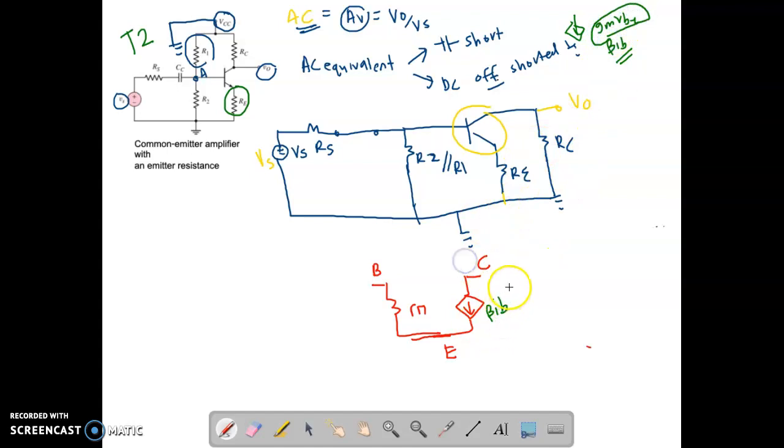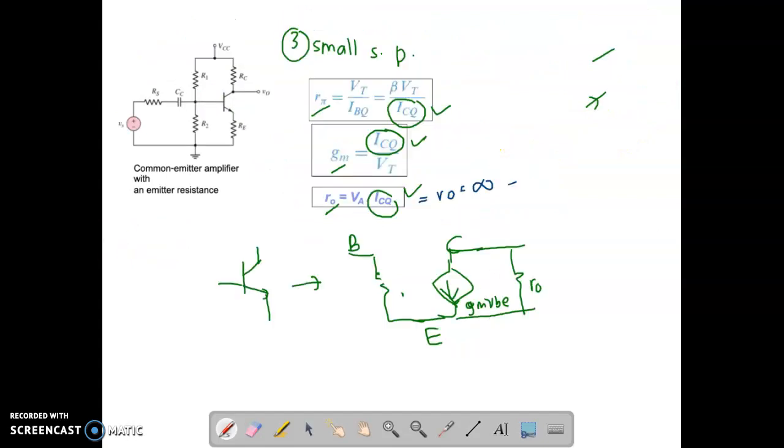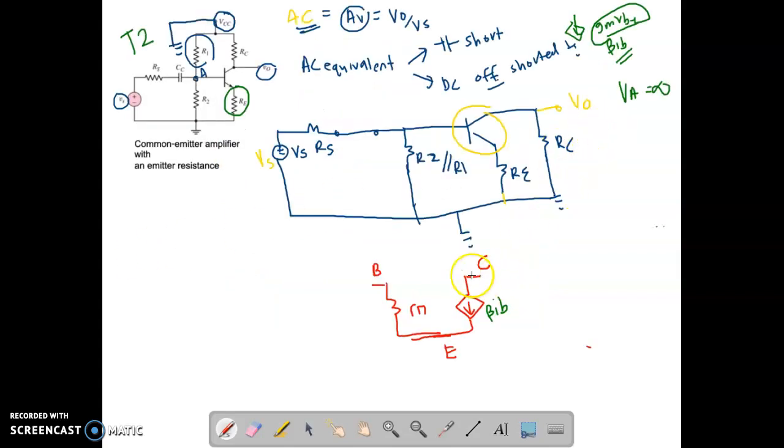Yes, but the derivation will be quite different. For this type, usually the question will give VA equal infinite. From the previous equation, your r0 is VA over ICQ, so when VA is infinite, your r0 is also infinite, so your r0 will be open circuit. Now let's continue to the rest.